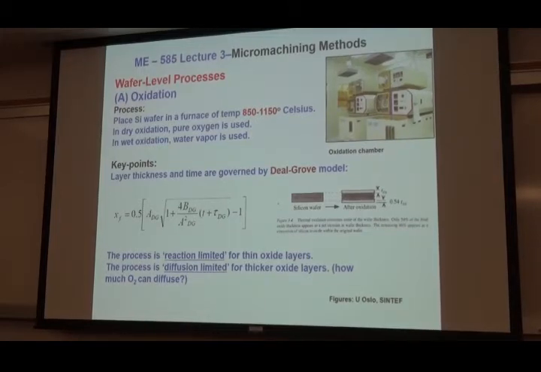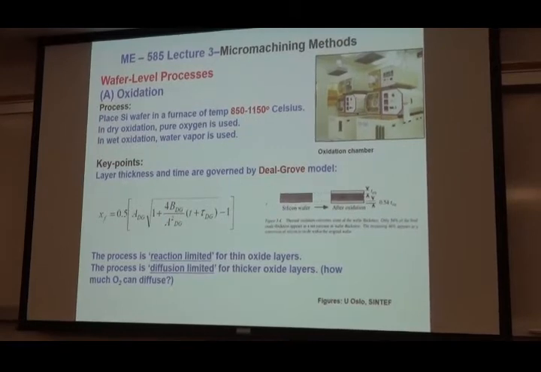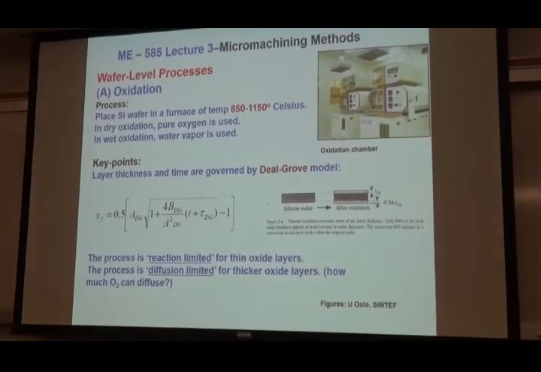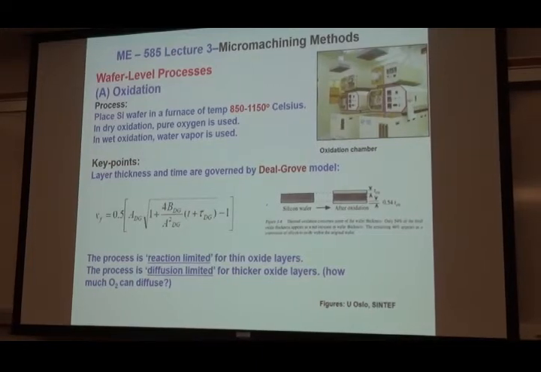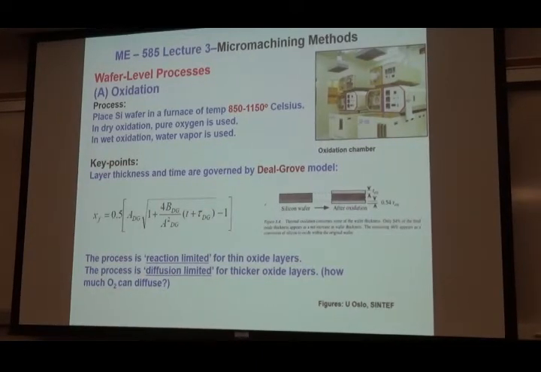Okay? So you have 2 types, reaction limited and diffusion limited. Not even subtle, very obvious difference between the 2. Okay? All right, so that's your oxidation, and like I said, typical thickness 0.25 micron. Sometimes it's possible we could go to 1 micron, and if you really want to go crazy, you could go to 2 micron. Okay, but that's going to complicate your life.